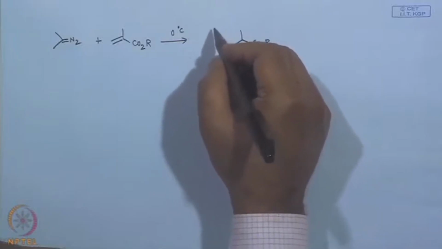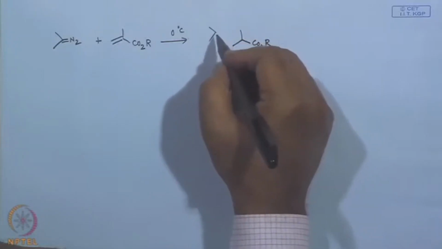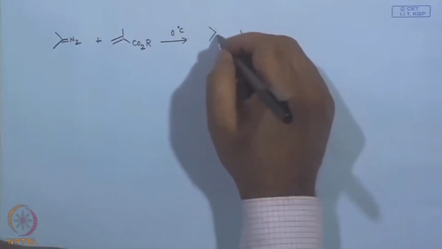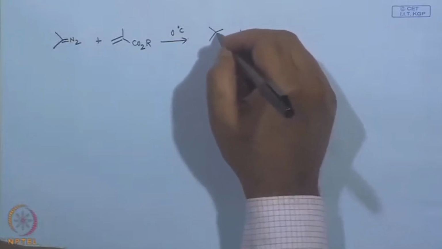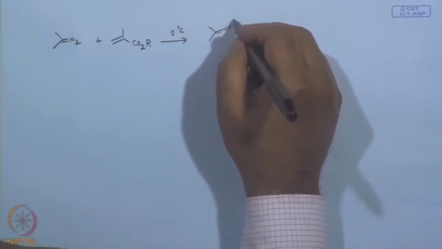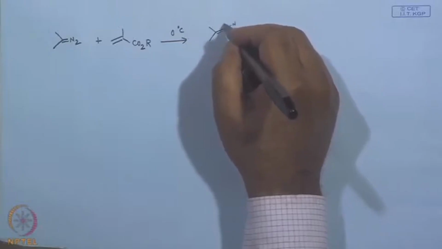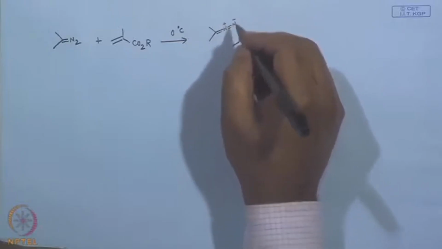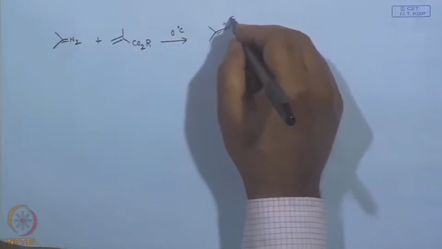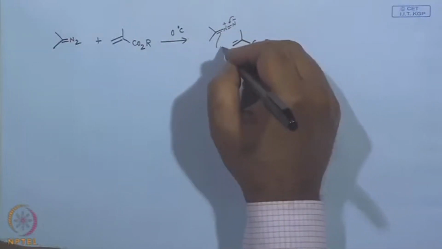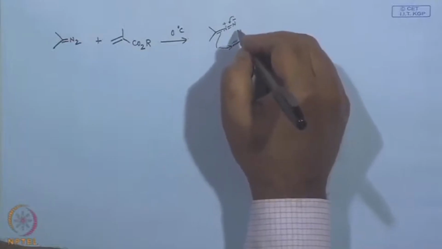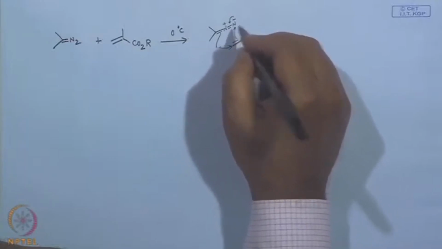Normally the carbon end becomes the negative charge. So, this is plus, this is minus, and so the electron flow comes through carbon, and so attacks this beta carbon here, and then this one goes to this.